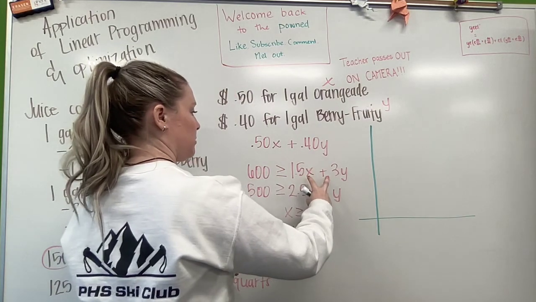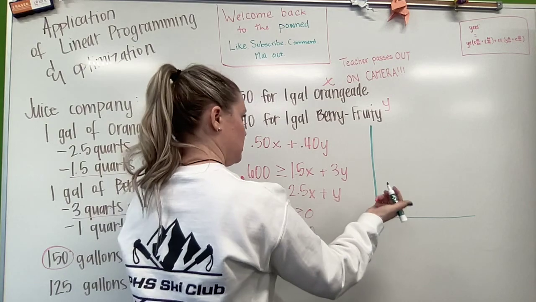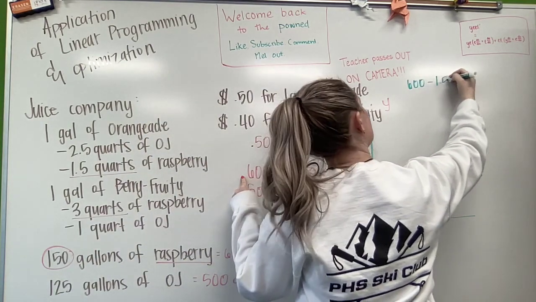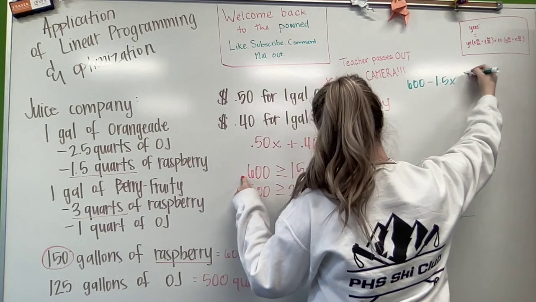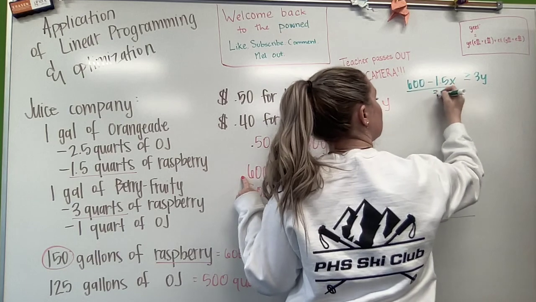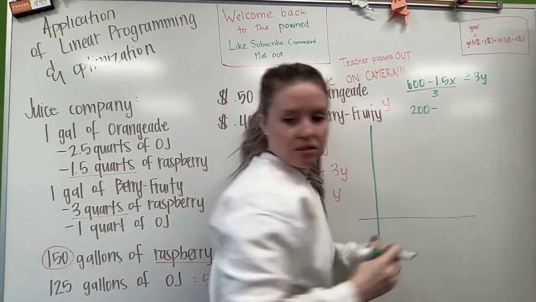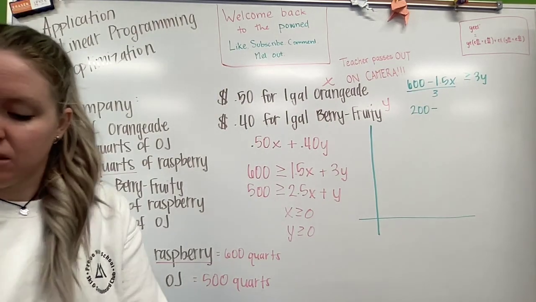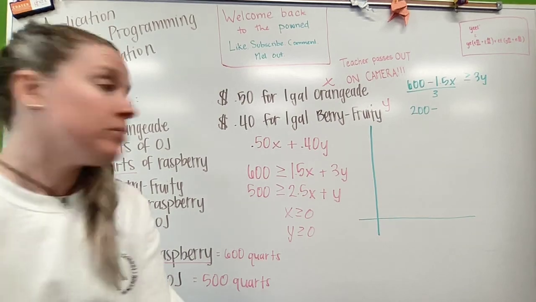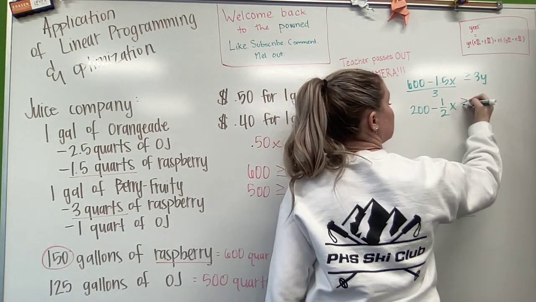So I'm going to isolate y here. I should have left myself a little bit more room. 600 minus 1.5x is at least 3y, and then I'm going to divide this by 3. So we get 200 minus, I'm just going to ask my calculator because my brain's a little tired, 1.5 divided by 3, so that is going to be 1/2 x.